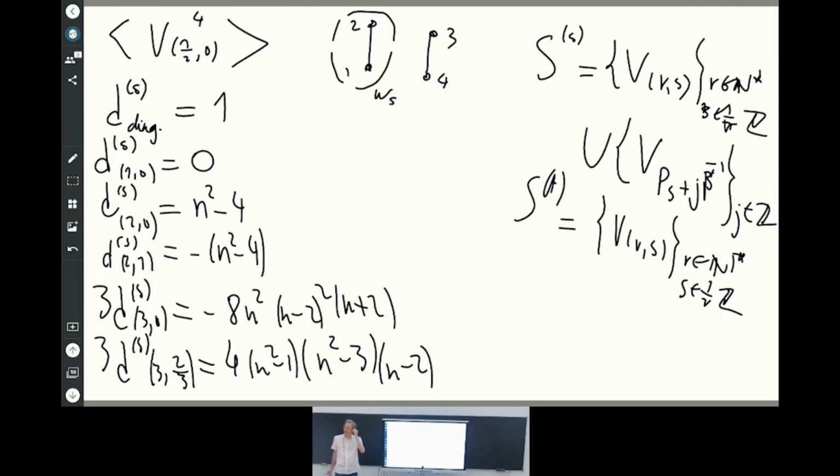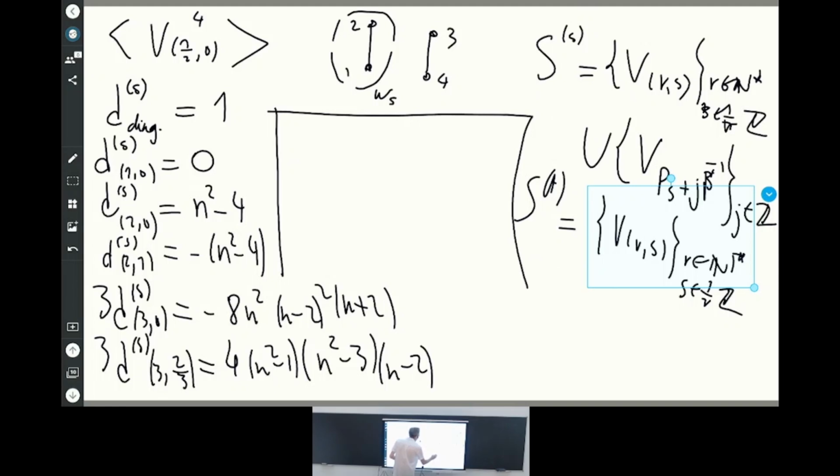Well, now you could start to worry that I've claimed that this D_S would depend on Ws and the momentum, and so far nothing seems to depend on it. But that's only true for r less than 3. So the last example I want to write is D_S(4,0), which now will depend on Ws. I fear that I'm out of space, so I'll try to write it in a box here.